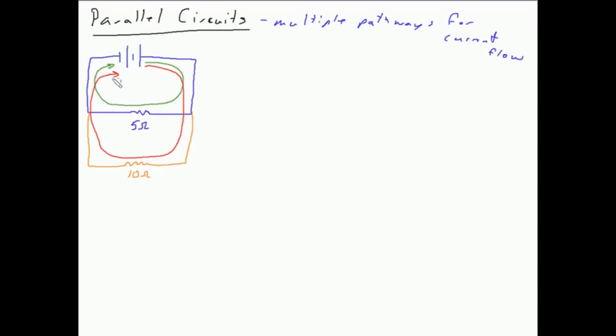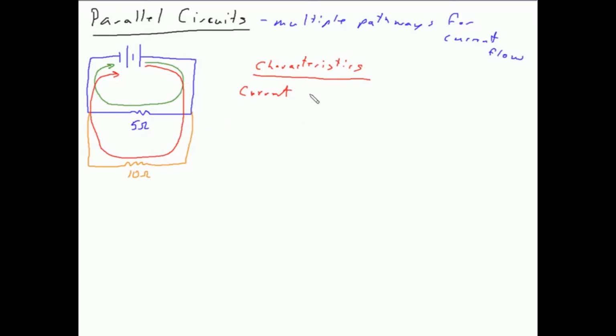So if we go back and look at the characteristics of the parallel circuit, just like we did with series, we'll start with the current. If you look at it, we have current running through here and through here, so we're going to have to add up all the current.